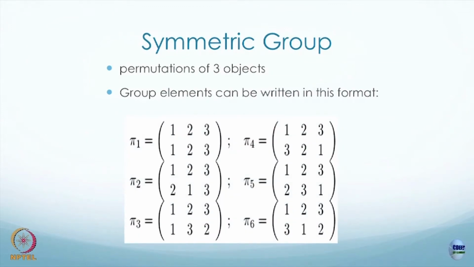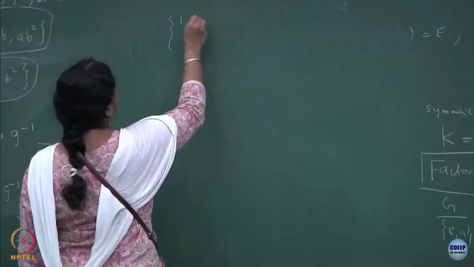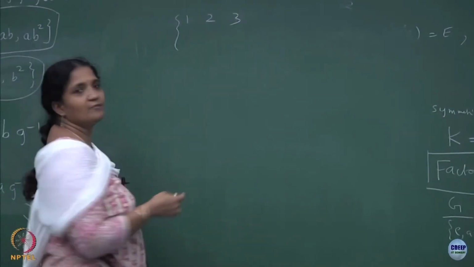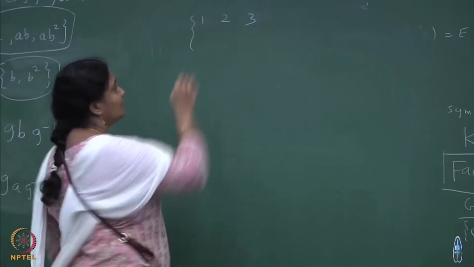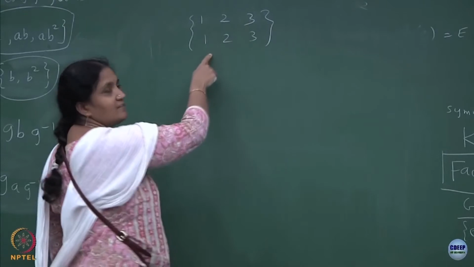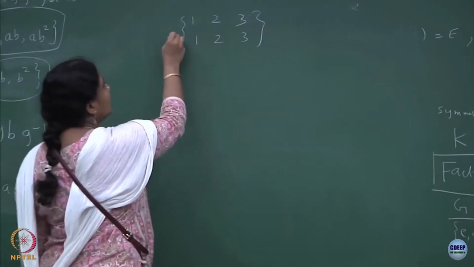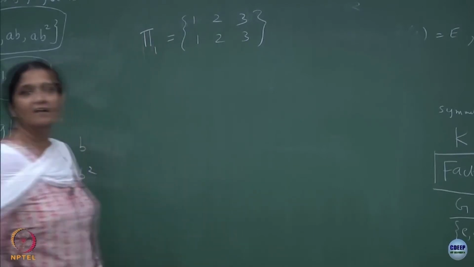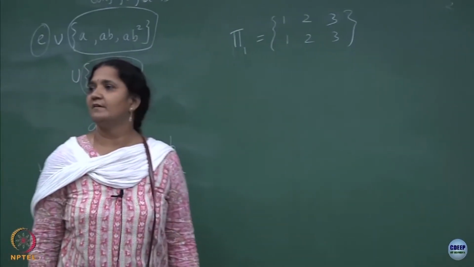So, first of all, how to write these group elements in the permutation of 3 objects. You start with saying that object 1, object 2, object 3 does not permute at all. So, it remains as 1, 2 and 3. This is the initial configuration, this is the final configuration. This I will call pi 1, actually it is like an identity element in this set.